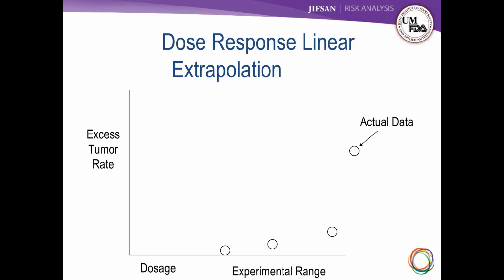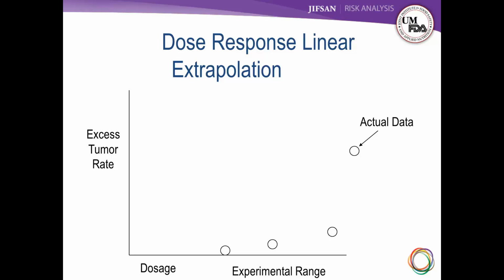You would have some actual data from experiments or from accidental exposures in the environment, and basically what they give you is a dose on the horizontal axis and a response on the vertical axis, in this case an excess tumor rate, more tumors than would occur naturally.